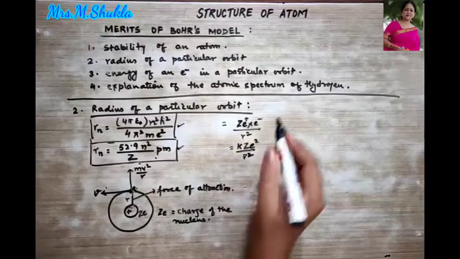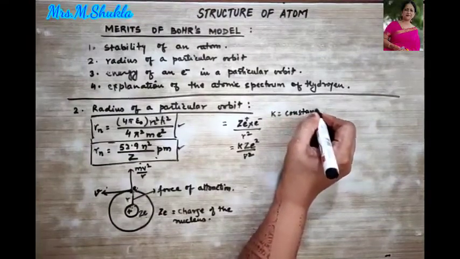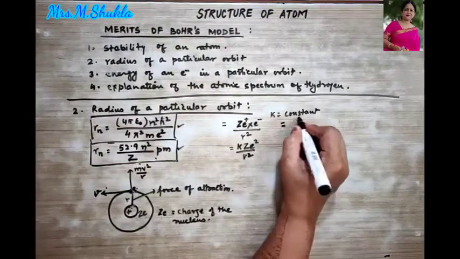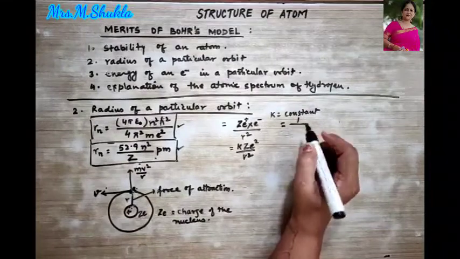And what did I tell you? This k is the constant which is always equal to 1 upon 4 pi epsilon naught. Do remember this, which will be used every now and then.